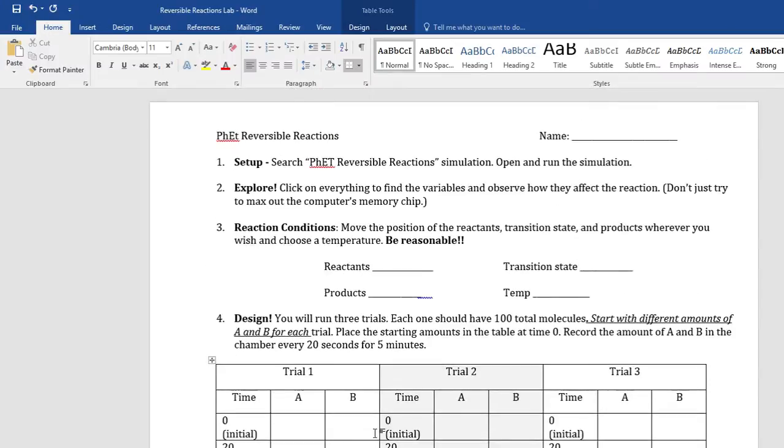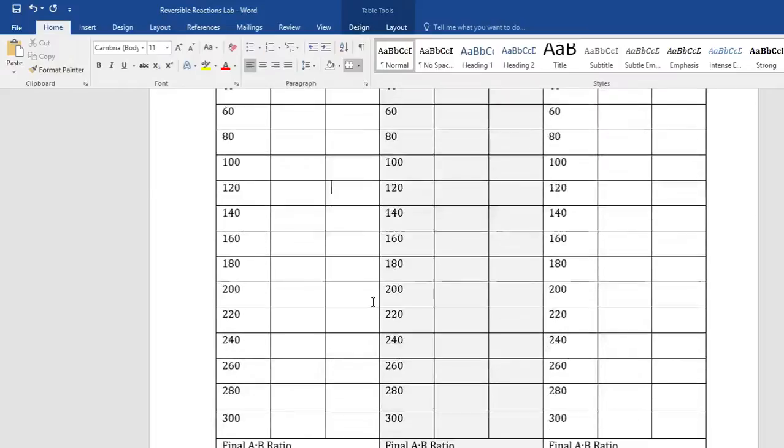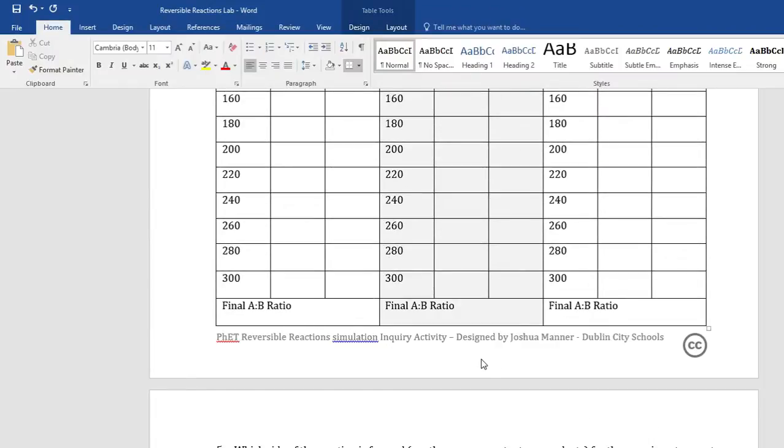All right. So here we're going to be using once again reversible reactions, and we're going to be taking a look at reactants, products, the transition states and the temperature. But we're specifically going to look at the reactants and products and how starting with different configurations of reactants and products could potentially affect our final outcome.